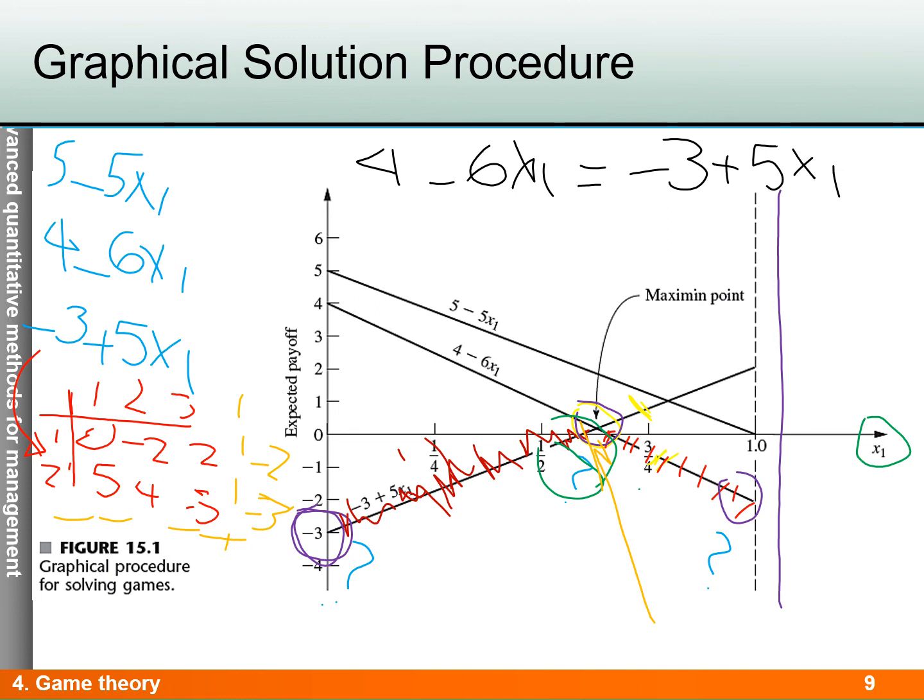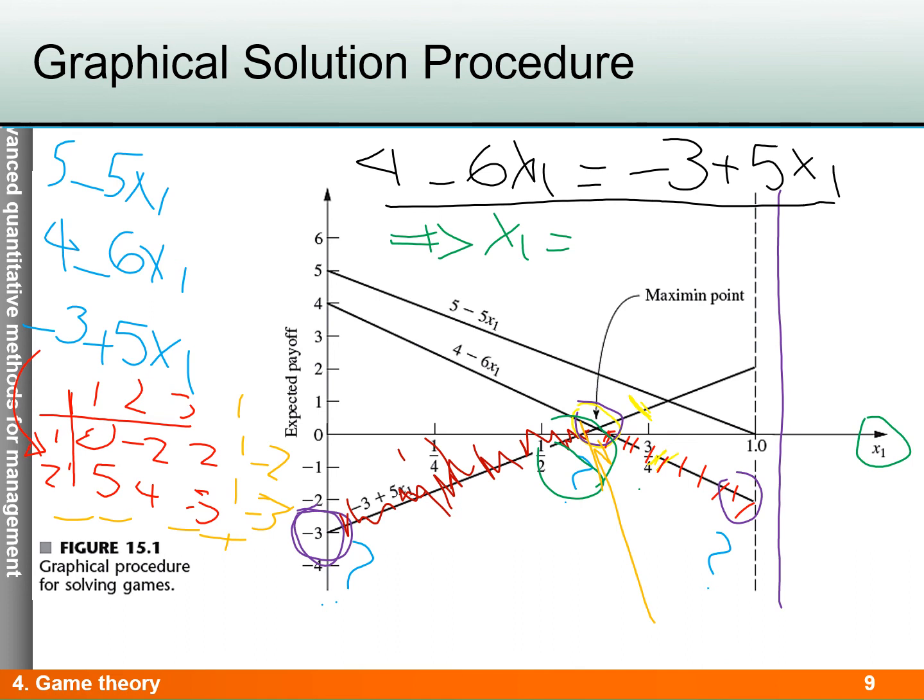The other line, 5 minus 5x1, doesn't have any role because it's bigger than the other points, and our points are excluded from this line. So easily, I need to equalize these two lines, and if I solve this equation, let me see what my x1 is.